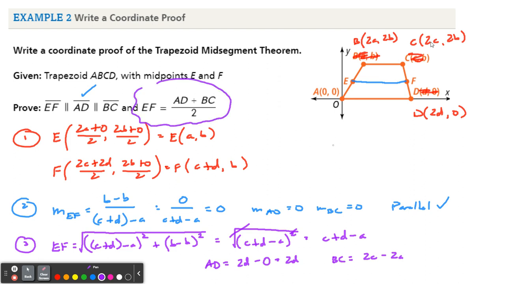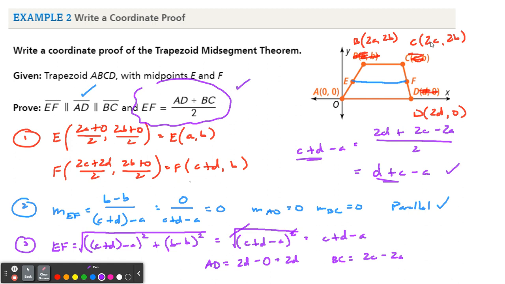I'm going to verify that EF, which is C plus D minus A, is equal to AD, which is 2D, plus BC, which is 2C minus 2A, all divided by 2. Because these all have 2's and all the 2's cancel, this is going to be D plus C minus A. And again, the C and D can be in any order. The minus A must be minus A, and that's true. So because we've shown that, this formula does hold.